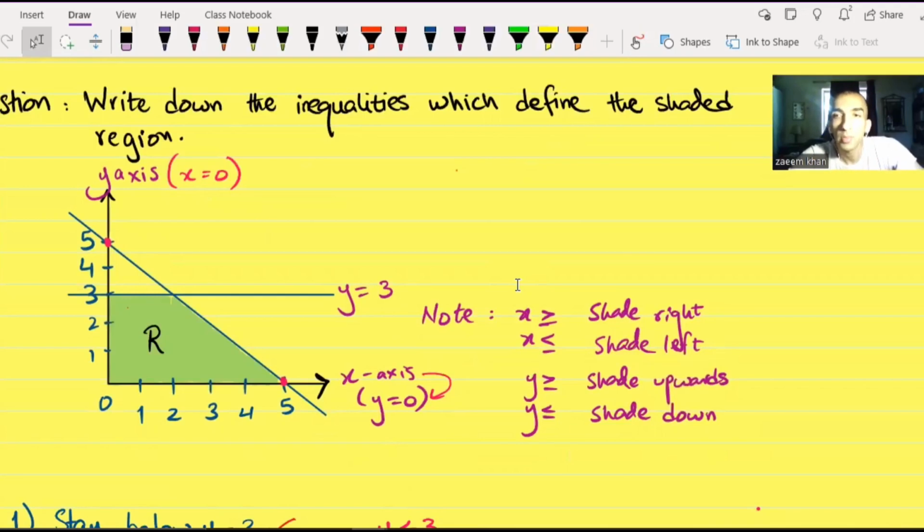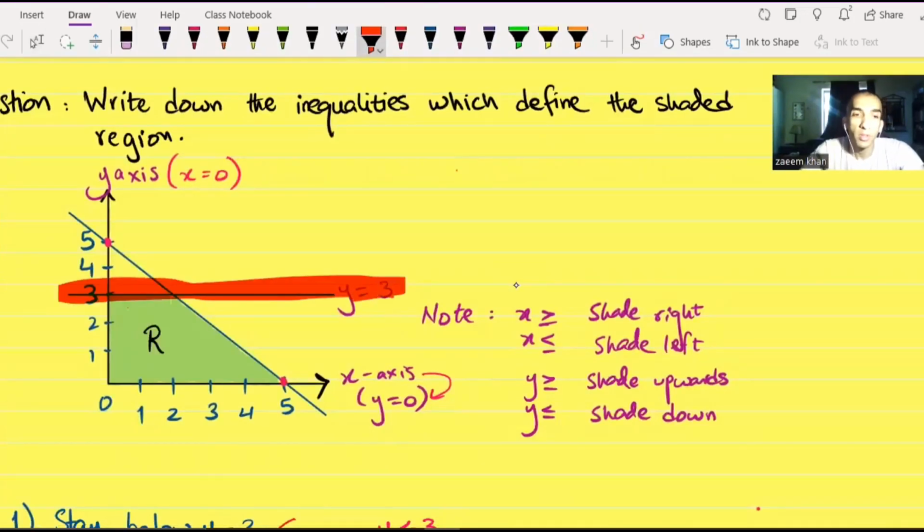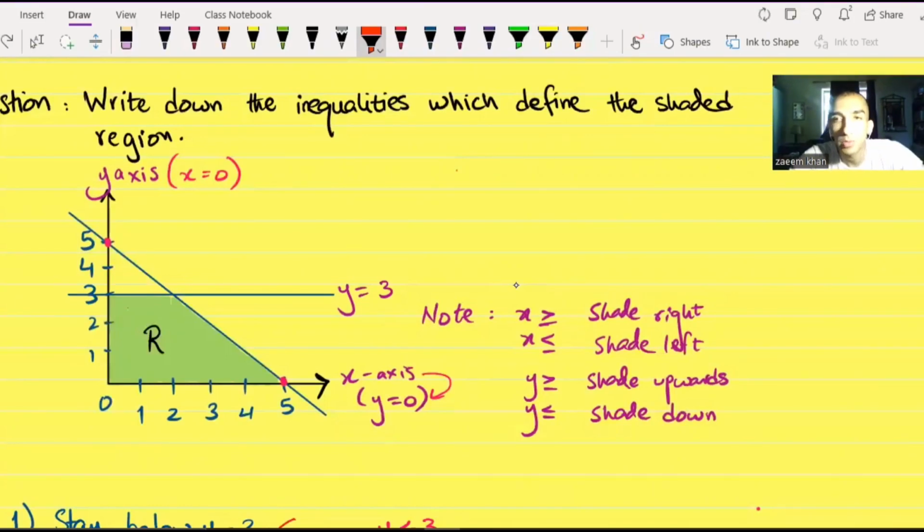You're supposed to tell all the boundary walls in the form of an equation. I've already mentioned one for you. What's the equation for this boundary wall?